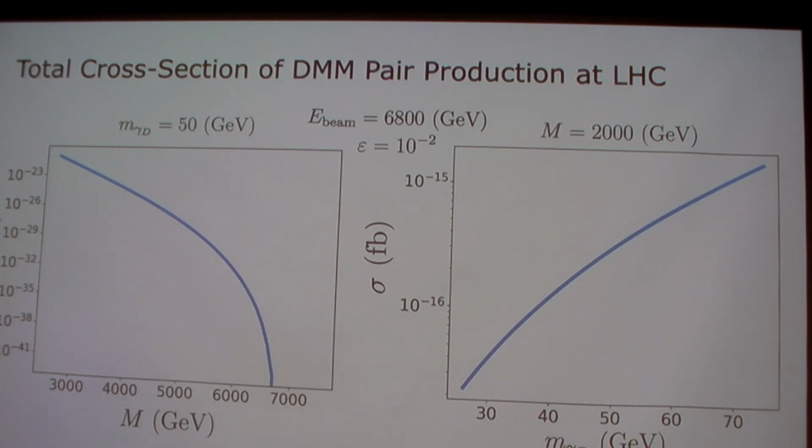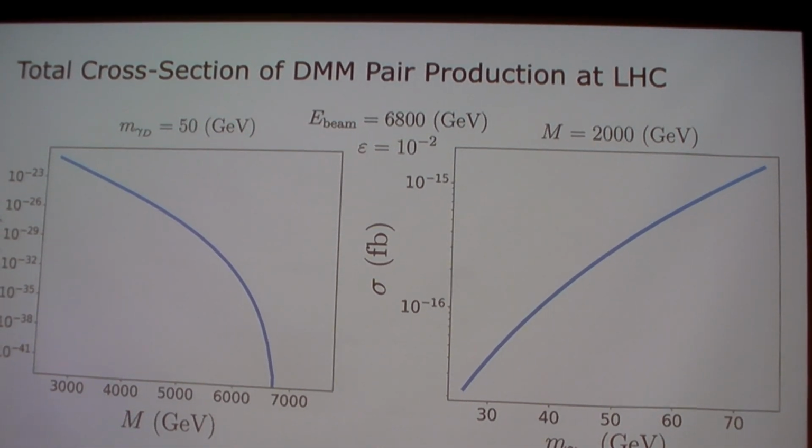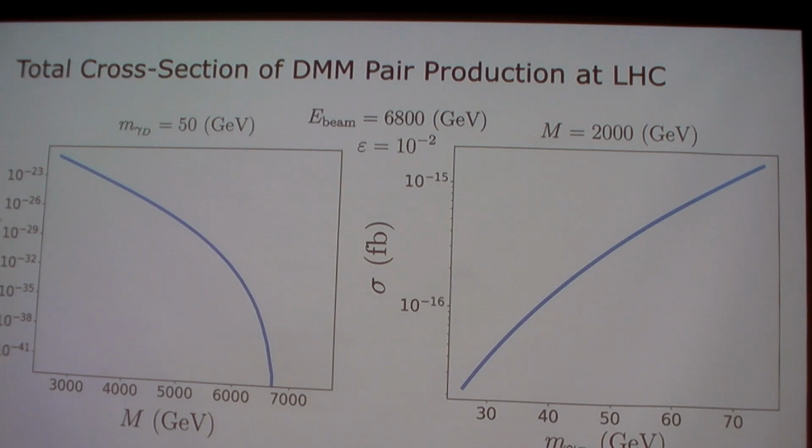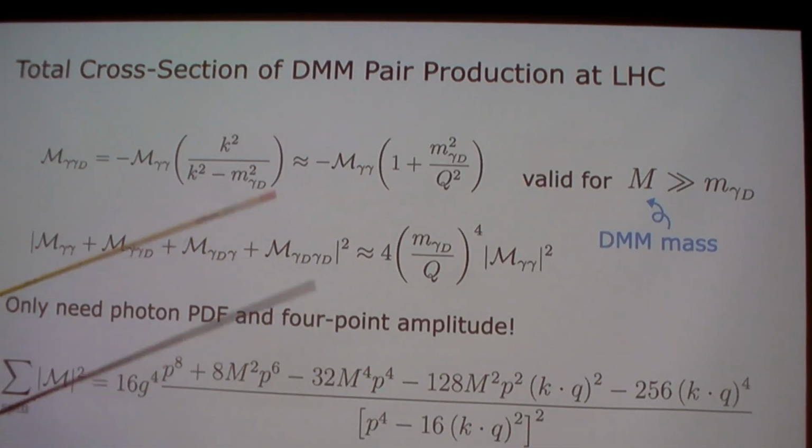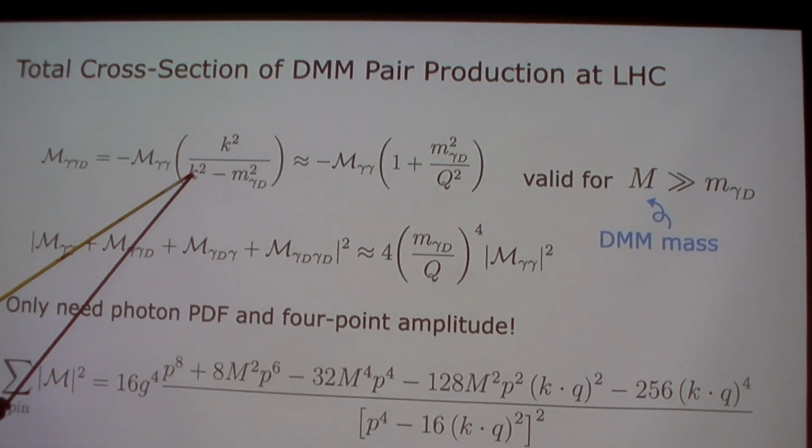You can always go to the center... last term, right? Yeah, so there might be ambiguity from going from k squared to q squared. So if you want the exact result, I guess we still need the six-point amplitude. I'm just trying to see if it's worth doing the 6-point amplitude.